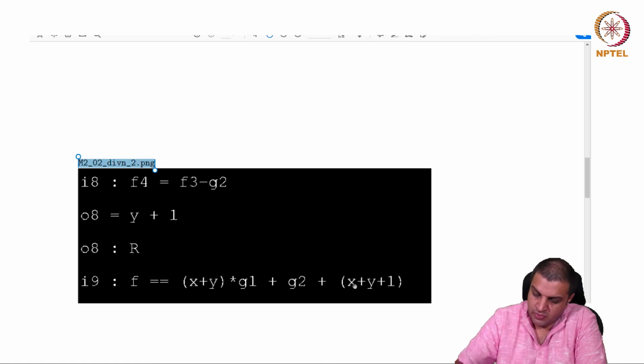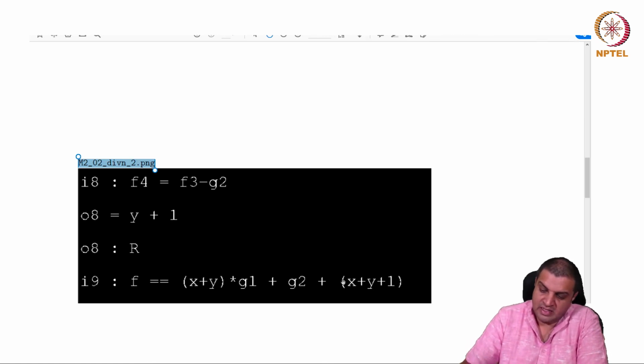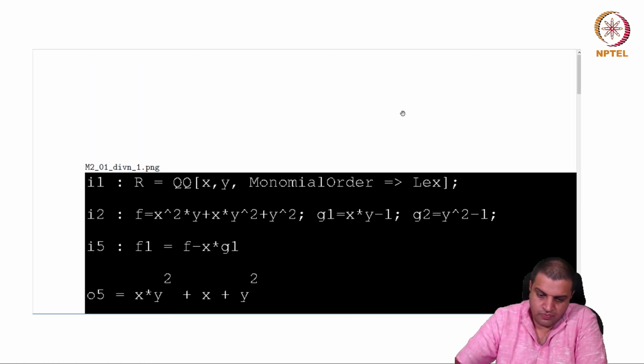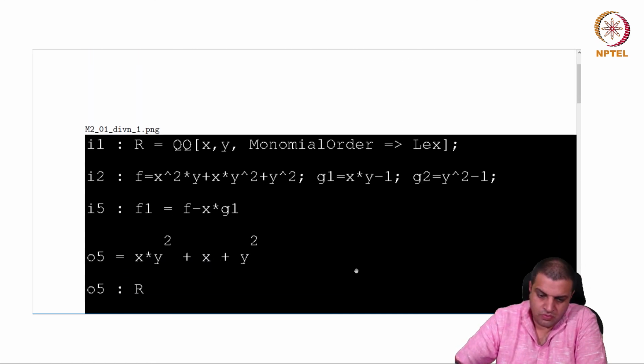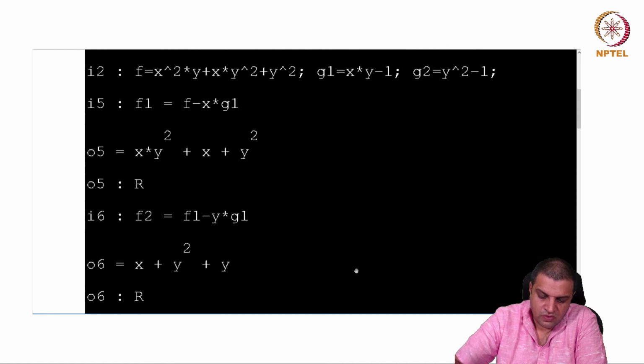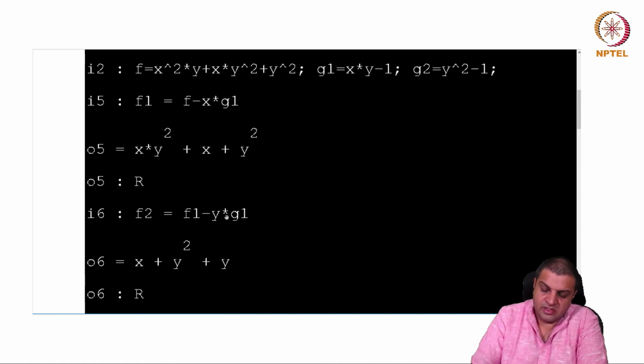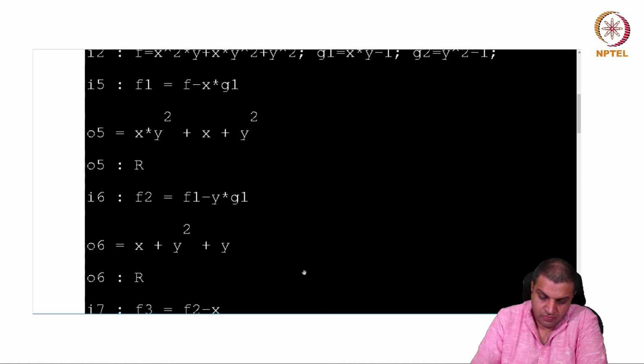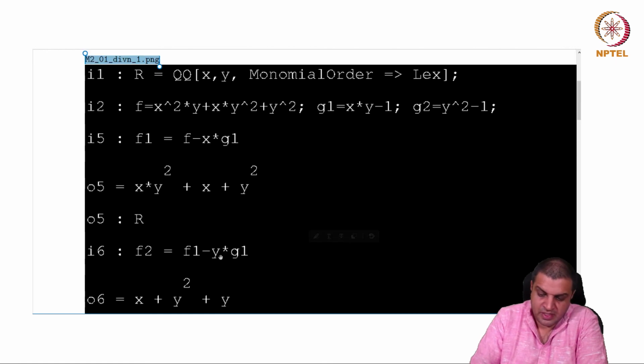So we got x, this y plus 1, and the x from the previous step. Now there is a multiplication by y times g2, then g1 and x times g1.